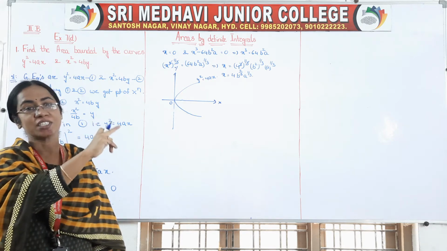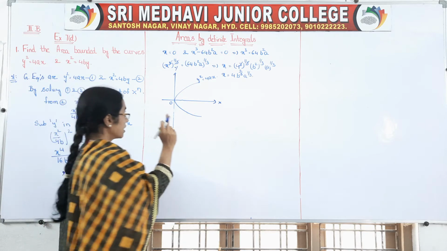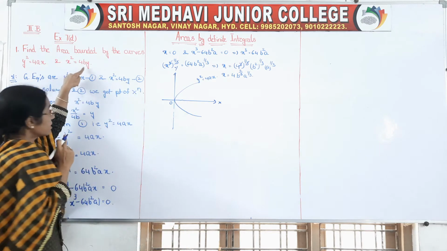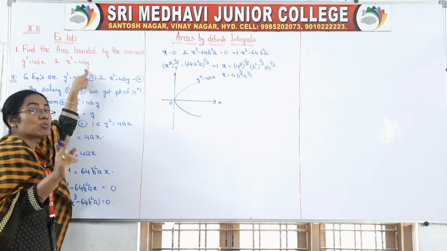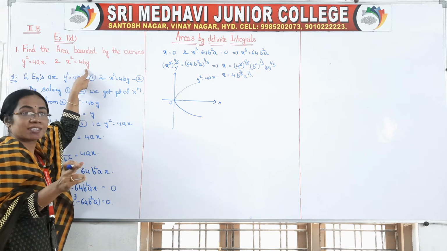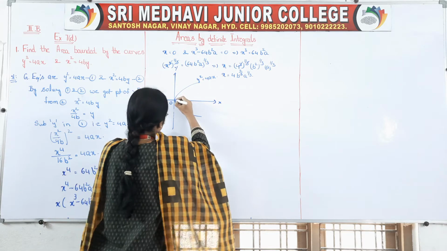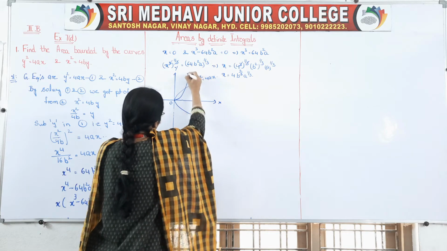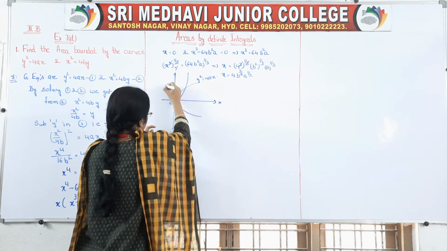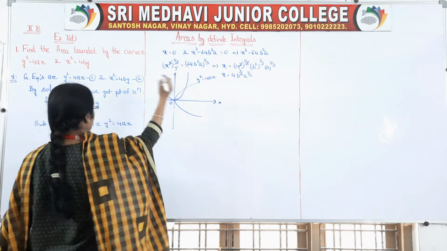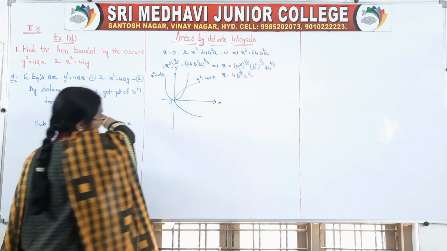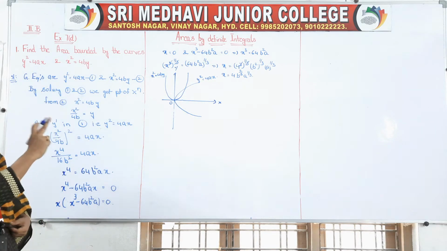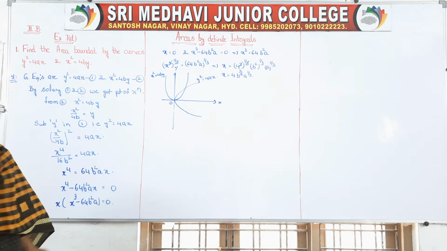Curve is symmetrical with the x-axis, isn't it? Next, whenever x square is equal to 4by, this is also one type of parabola equation whose axis is y-axis, right? Curve will be symmetrical to y-axis, isn't it? So this is our x square is equal to 4by. Okay, so that is one parabola, this is another parabola.